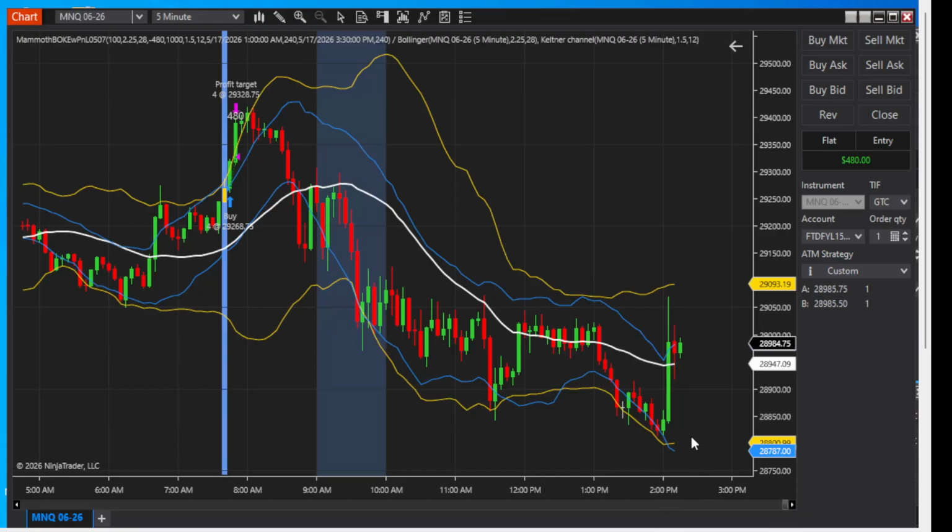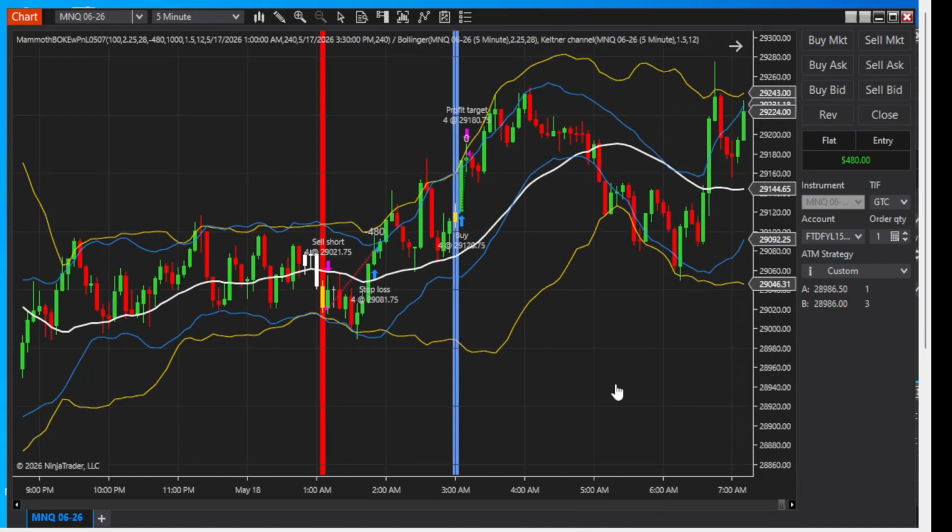Once it breaks out, either down or up, you have a trade. So it's basically Bollinger with the Keltner channel, and the Keltner channel is a channel to control, to reset, and then to trigger.